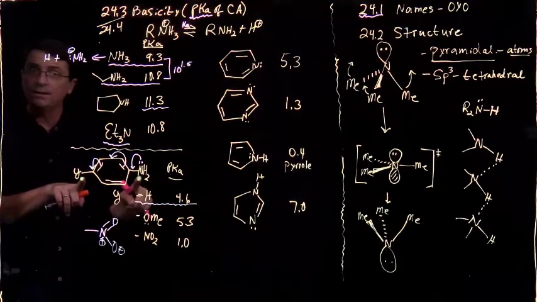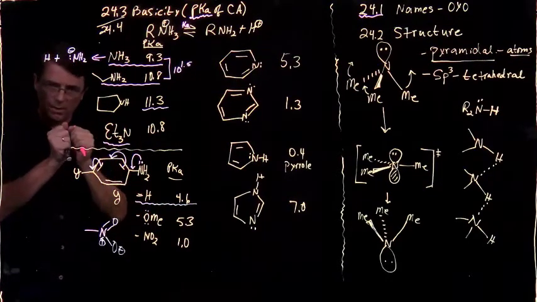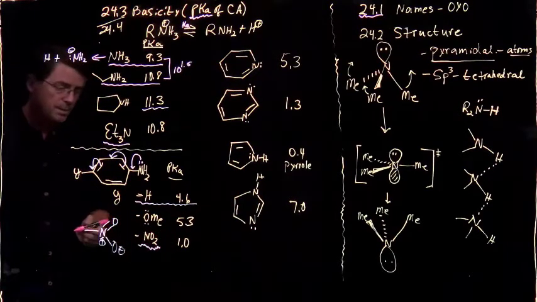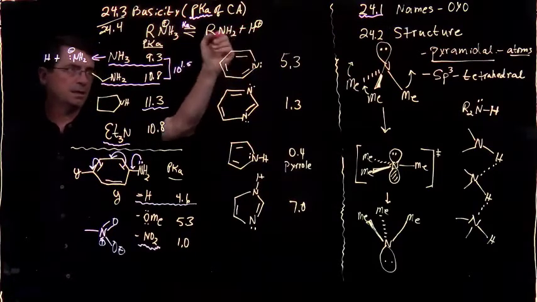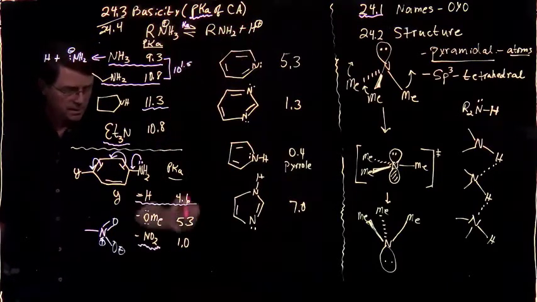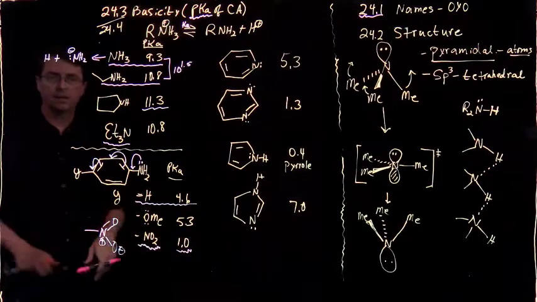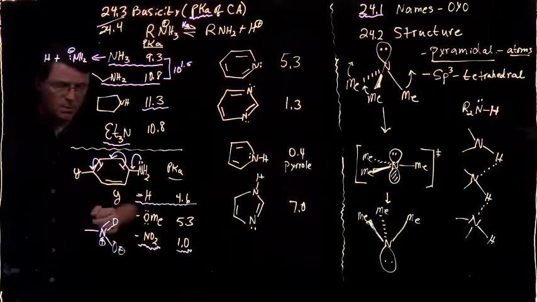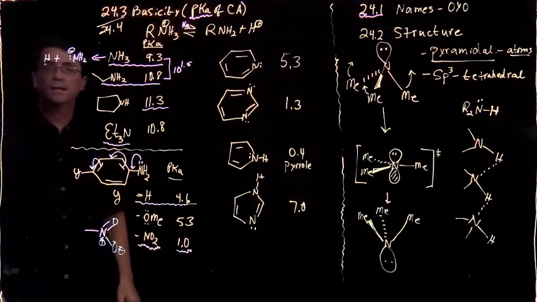Is that stabilizing or destabilizing? Of course it's destabilizing because like charges repel. So the nitro compound doesn't want to be protonated, so it wants to give up the H+, the proton, the acid, and shifts the equilibrium to the right, and we see that it is significantly more acidic. And so these are the standard electron donating, electron withdrawing effects that we can rationalize very easily if we understand the equilibrium.